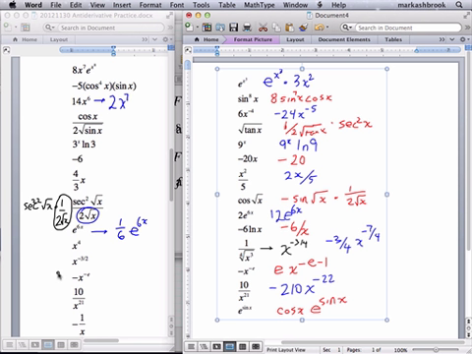We know what that is. It's the derivative of square root of x. So the overall structure of this is coming from what rule? We've got the secant squared of square root of x times 1 over 2 square root of x.